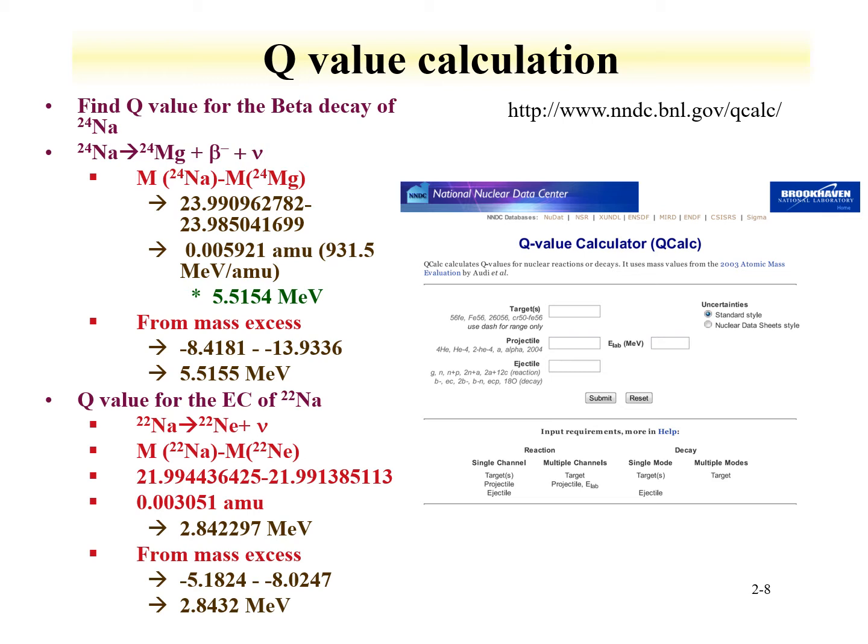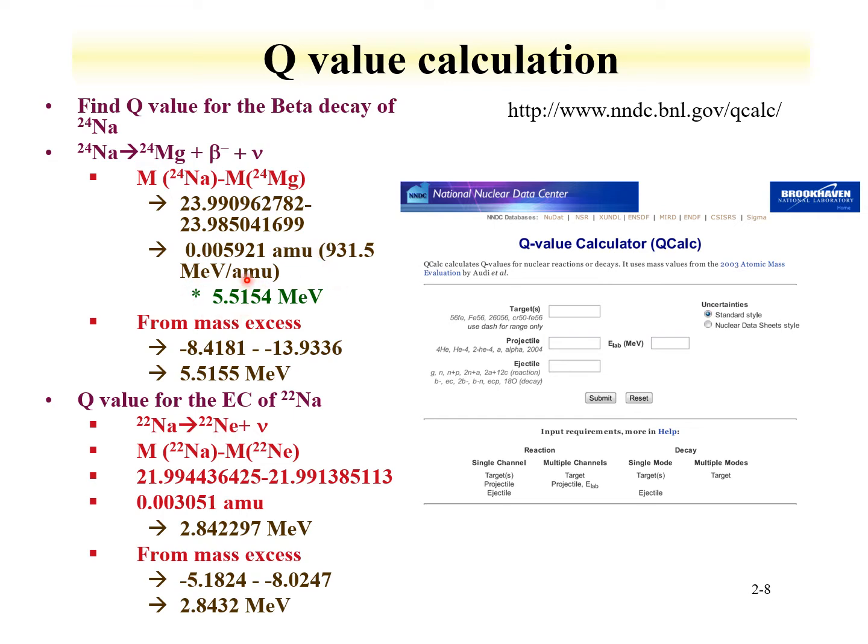An example of Q value calculations is shown here. For example, just find the Q value for the beta decay of sodium 24. You can write the reaction, get the mass excesses, and this is from the mass values, convert that value from the masses with 931.5 MeV per AMU, and you can get a Q value.